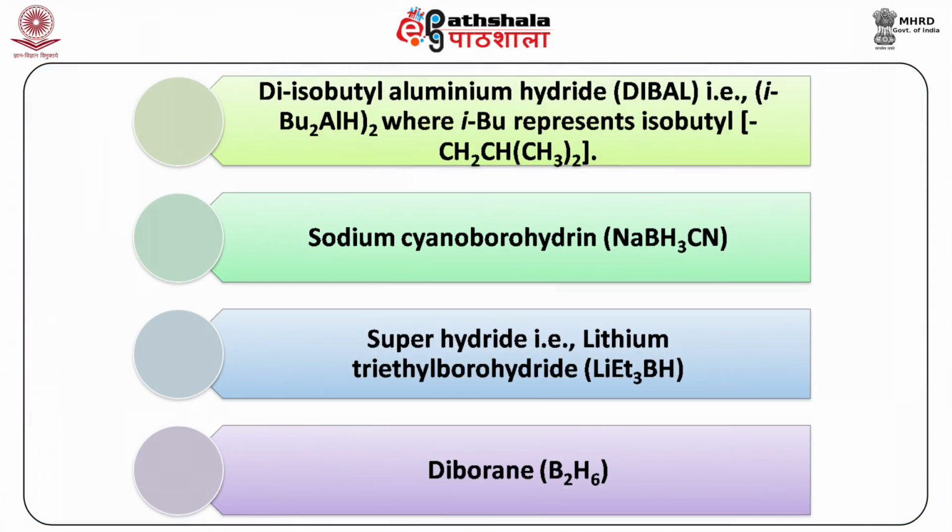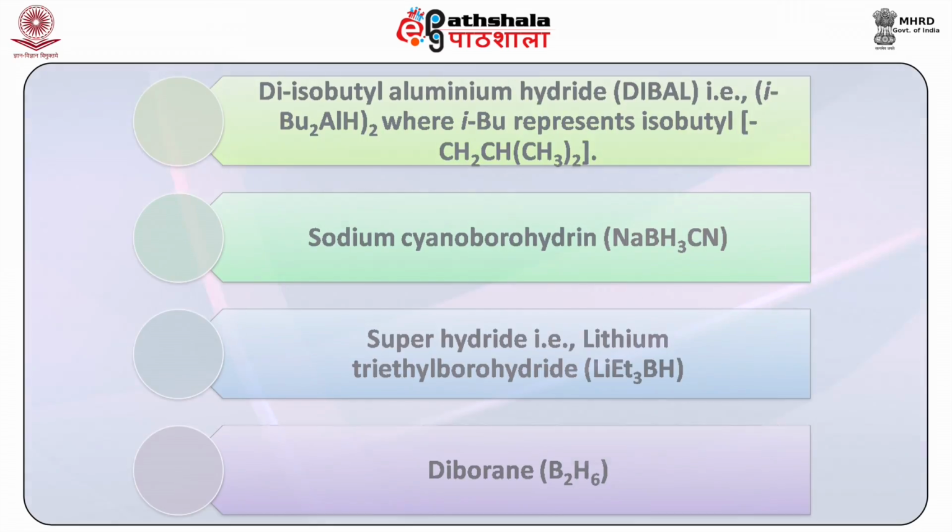There are other examples of reducing agents which contain hydrides, also commonly used in chemical synthesis, and as you can see here, they can be DIBAL, that is diisobutyl aluminium hydride, sodium cyanoborohydride, superhydride, which is lithium triethyl borohydride, and diborane.